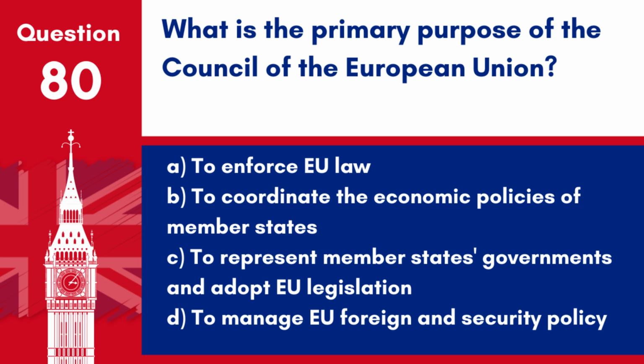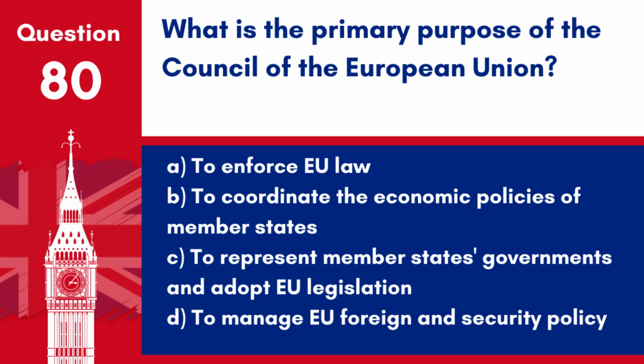Question 80. What is the primary purpose of the Council of the European Union? A. To enforce EU law. B. To coordinate the economic policies of member states. C. To represent member states' governments and adopt EU legislation.